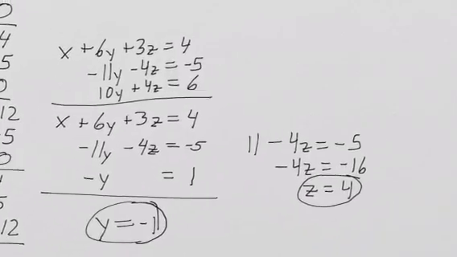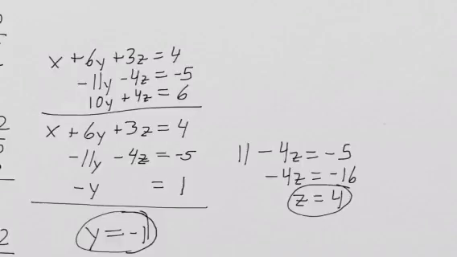Then the final step, as I'm running out of space here, so I have x plus 6 times -1, plus 3 times 4, which is 12, is equal to 4.